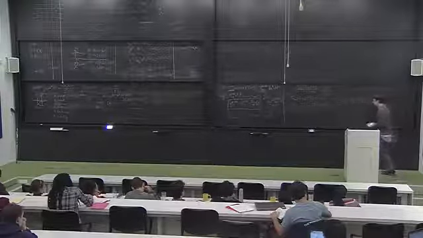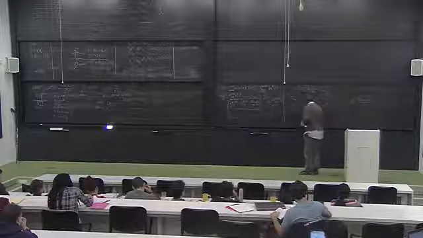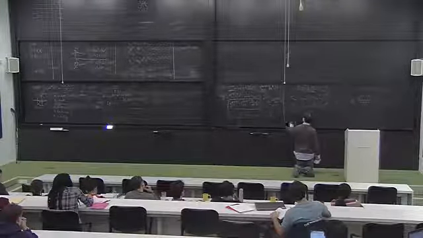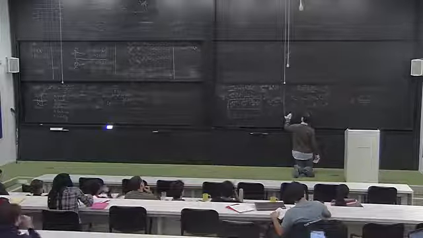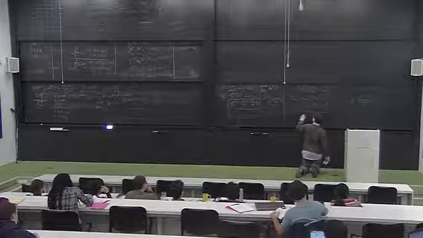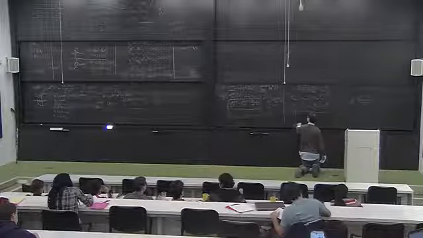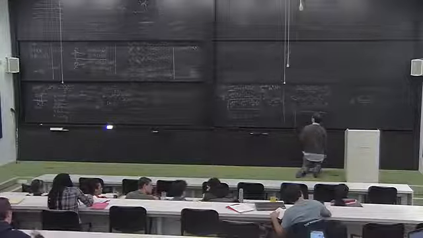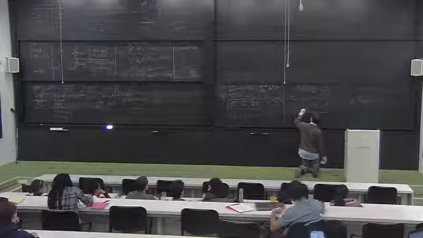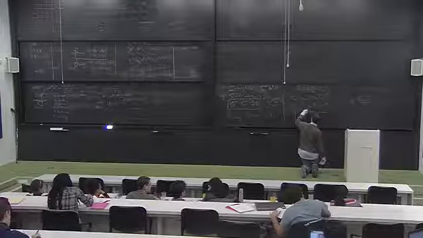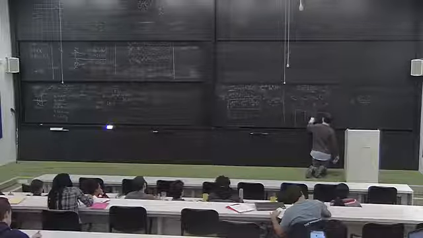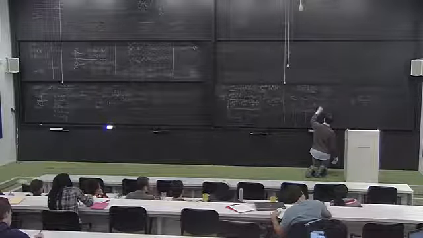Let's see. Okay, I just wanted to make a little table here to organize these a little bit. So let's catalog the solutions, the metrics we've just derived. There's the k equals 0 case, k equals +1, and k equals -1.